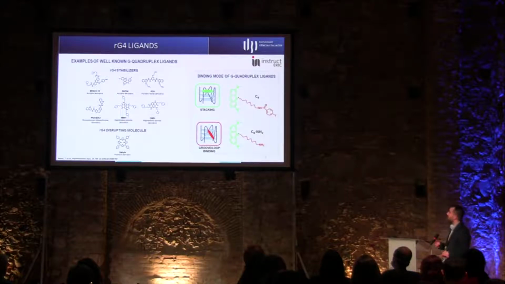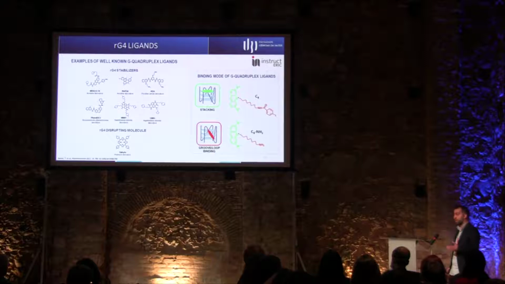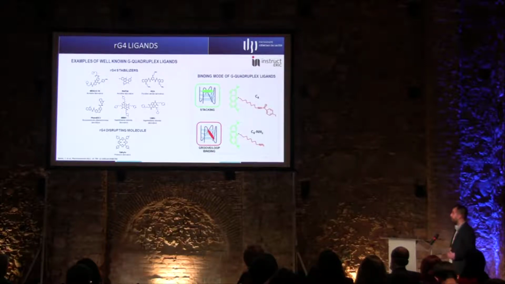In this work, we have only used two acridine derivatives, C8 and C8NH2, that were previously synthesized by a collaboration that we have, and also have been tested in oncogene promoters such as c-MYC and KRAS to stabilize the G-quadruplexes.